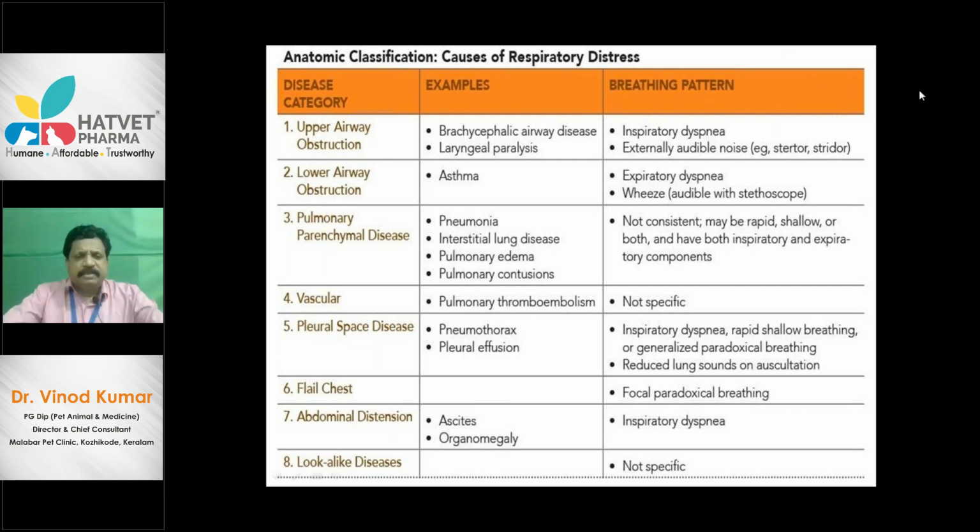What is a flail chest? It's a typical respiration pattern when there is motor car trauma and trauma of the chest wall, where more than two ribs, particular segments of the rib, are fractured and crushed, so that a big depression is developed on the chest wall.